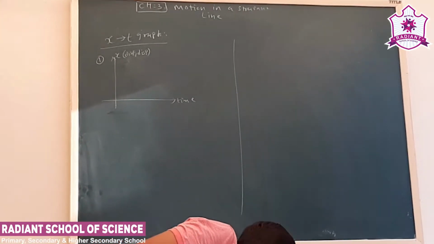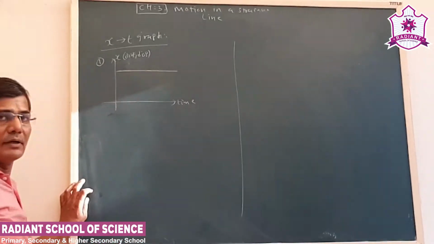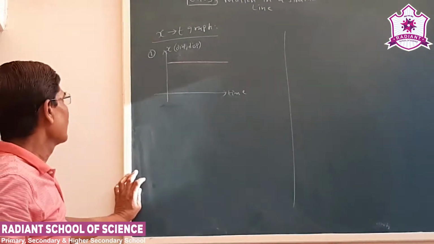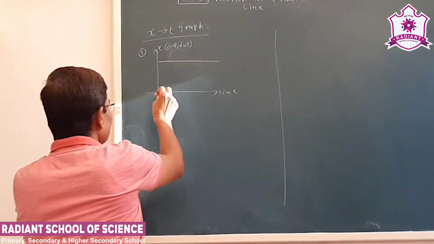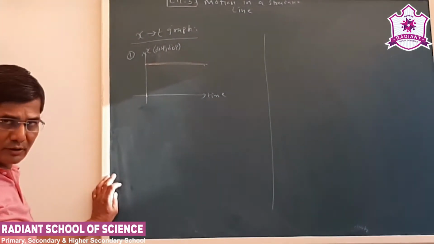Now see the first part of the graph. Let us say x versus t graph is parallel to time axis. So what we can say here, see the time increases but the position do not change.